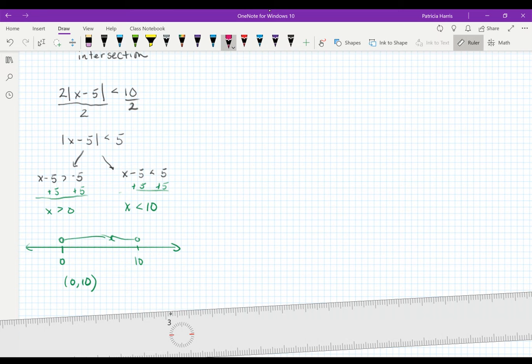Here we go. Let's do something a little bit tougher. First thing you want to do is make sure that your absolute value expression is all by itself. So we're going to go ahead and subtract our 10.